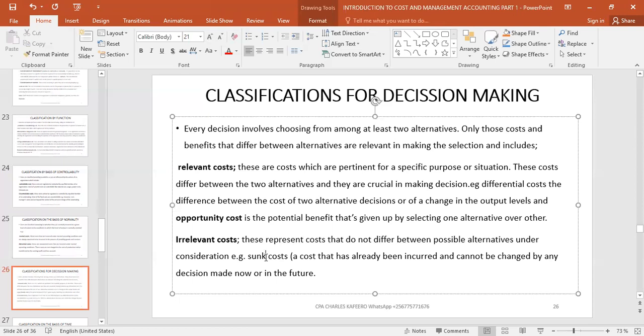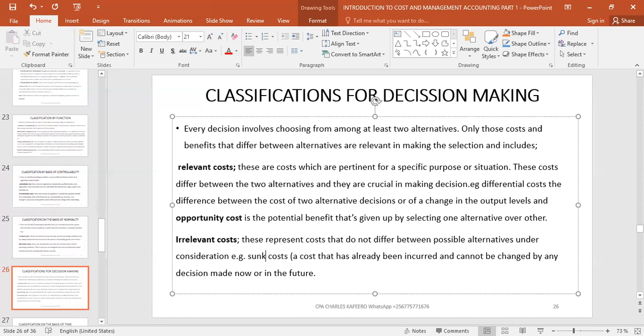These represent costs that do not differ between possible alternatives under consideration. These include the sunk costs. These are costs that have already been incurred and cannot be changed by any decision made now or in the future. Let's say you have committed an investment of a huge amount of money. You cannot reverse it, you cannot get back that money.